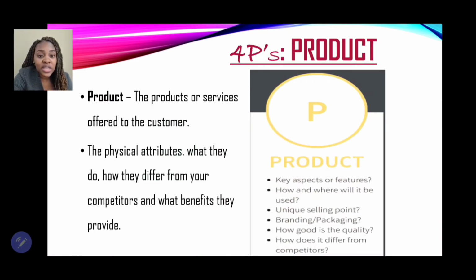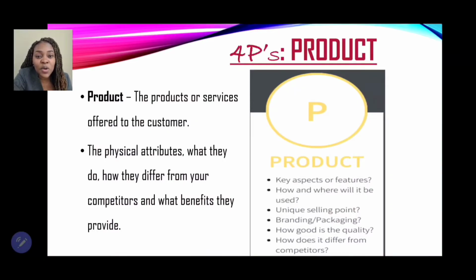The products or services offered to the customer. So when we're referring to product in its broadest sense, it is a product or service that is offered to the customer. So when we're thinking about the product, we think about how it will supply the customer's needs, wants, and even their expectations.